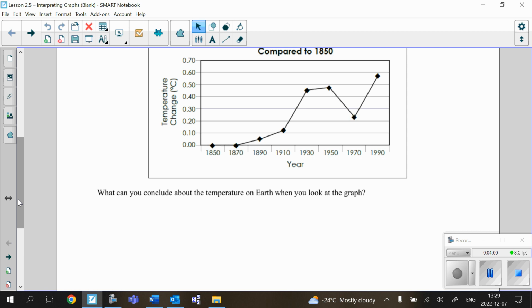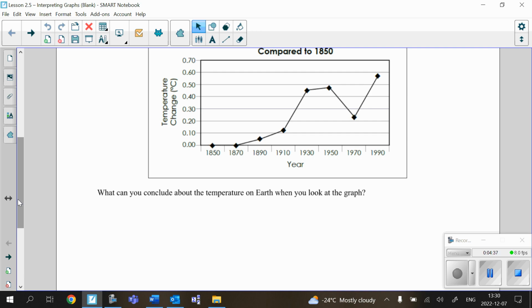So perhaps there was some kind of stop in, say, the number of factories being built, or there was some kind of plateau of the number of cars on the road, so that it kind of leveled the temperature here and then actually dropped it there. Or maybe it was some other factor, something to do with the Earth itself. Okay. But the point I'm trying to get across is, everybody can have different interpretations.